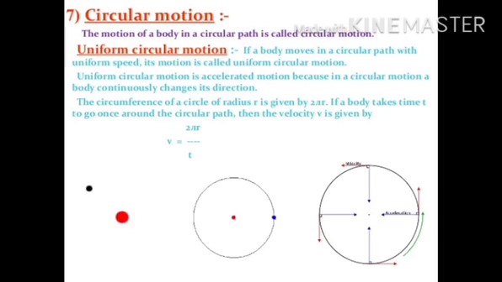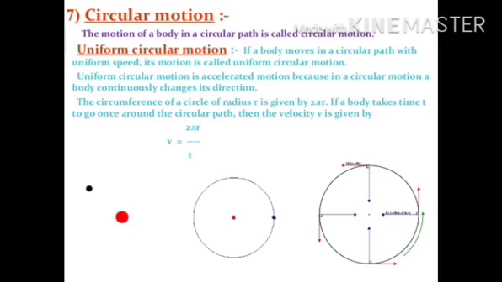If the athlete runs around a hexagonal path, the direction of motion changes at 6 corners, that is A, B, C, D, E, F. And if the track is octagonal, the athlete has to change the direction of motion at 8 corners, A, B, C, D, E, F, G, H of the octagon. I show these figures at the end of this video, so you can check these figures afterwards.